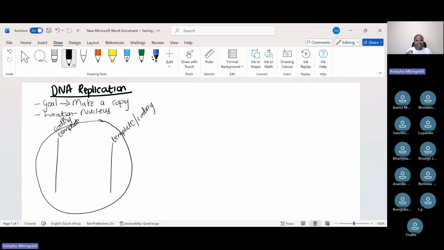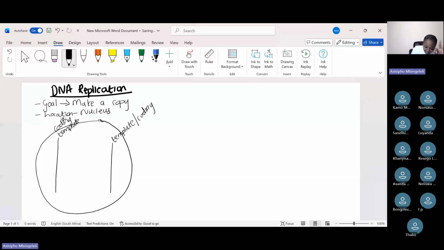The reason we are saying template, we're going to use it. The reason we are saying coding, we're going to use that code, right? So 3 points done. DNA double helix unwinds, hydrogen bonds break, the molecule unzips, can still be considered second point, and then both strands are going to be used as templates.